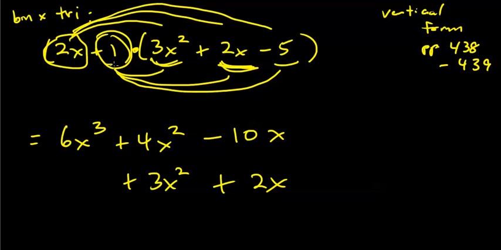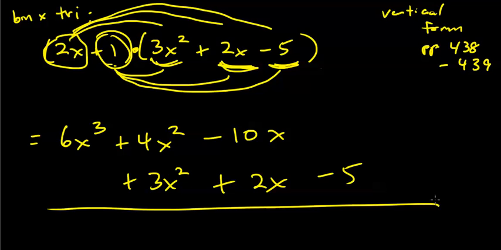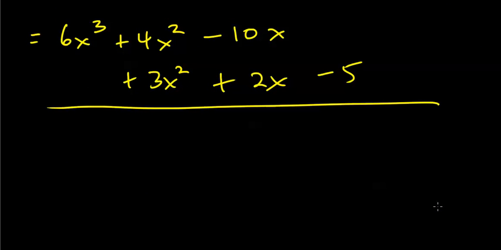And then 1 times minus 5 is, of course, minus 5. Alright, so I'll combine all these intermediate products. And some of these terms are like terms to other terms, some are not.